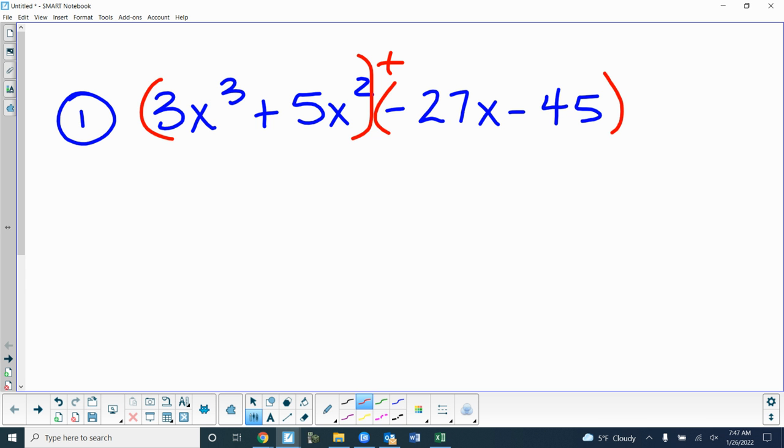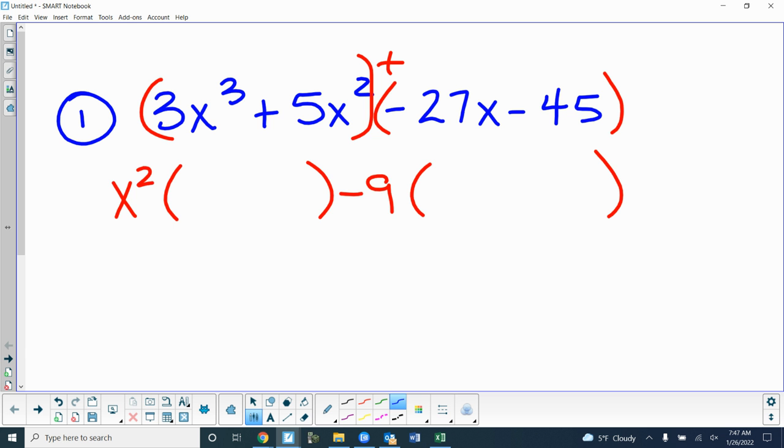So once we group it, what's the GCF of the first group? X squared. What's the GCF of the second group? Negative 9. When that third term is negative or minus in front, we pull that negative out. Okay?